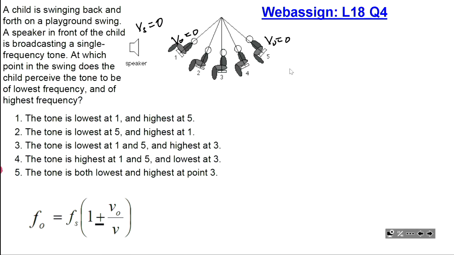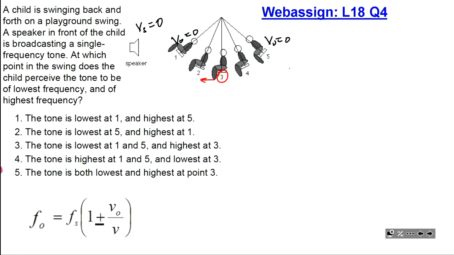So that's why we need to look at the observer only. And to achieve the largest change, this guy should travel as fast as possible, at which location the maximum speed is achieved. That's a pendulum. So at the location number 3.